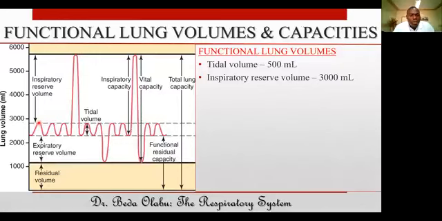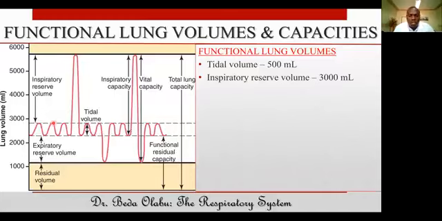So the way you're breathing, you are breathing in and out normally. After you've breathed in, instead of breathing out normally, you continue breathing in.